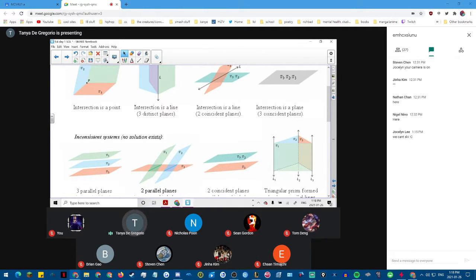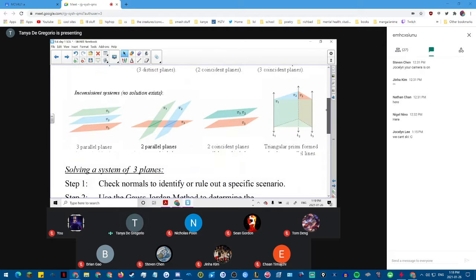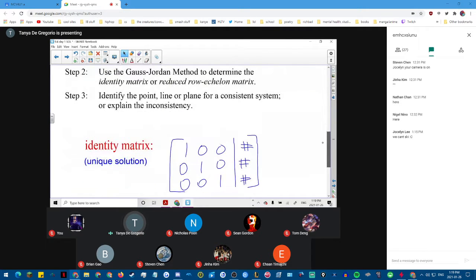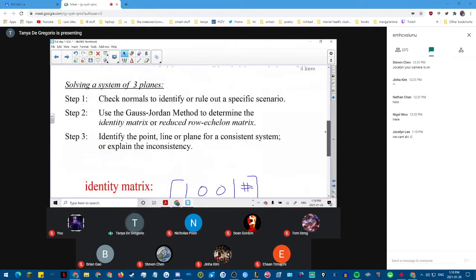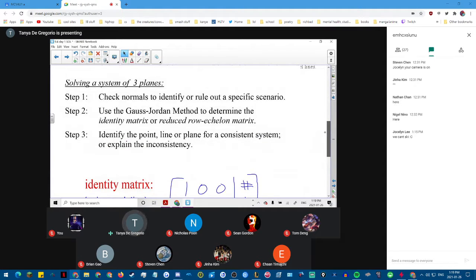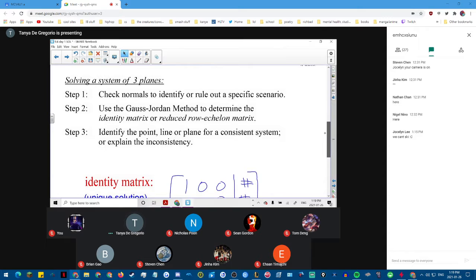That's 5 cases already that we can eliminate if we can eliminate that option. We're going to use the Gauss-Jordan method to determine the identity matrix or the reduced row echelon matrix.